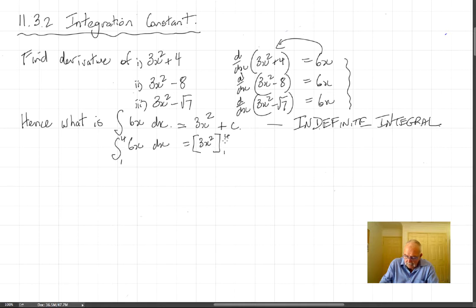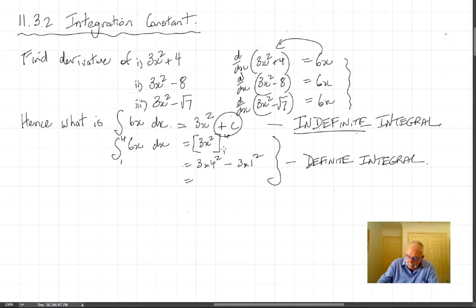So we don't use a plus c, we just substitute in the 4. So 3 times 4 squared minus 3 times 1 squared, and we get an answer. This is called the definite integral, and we get a definite answer.